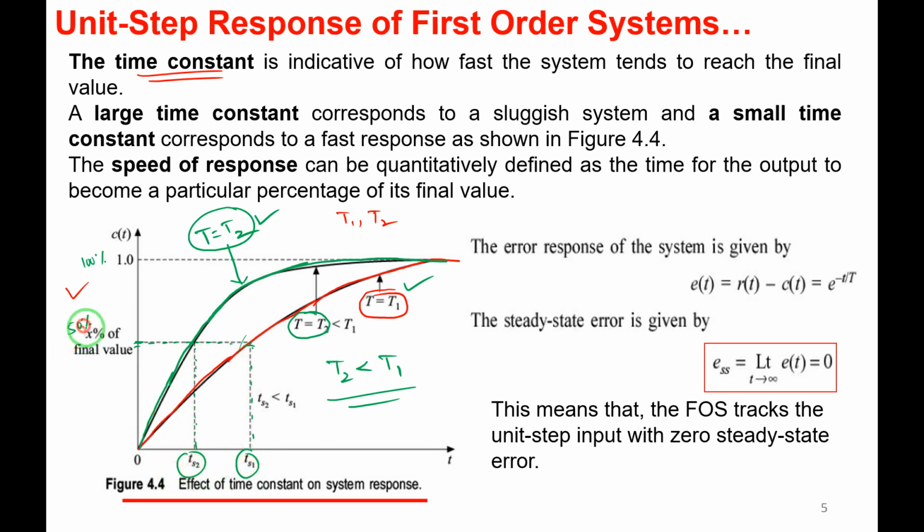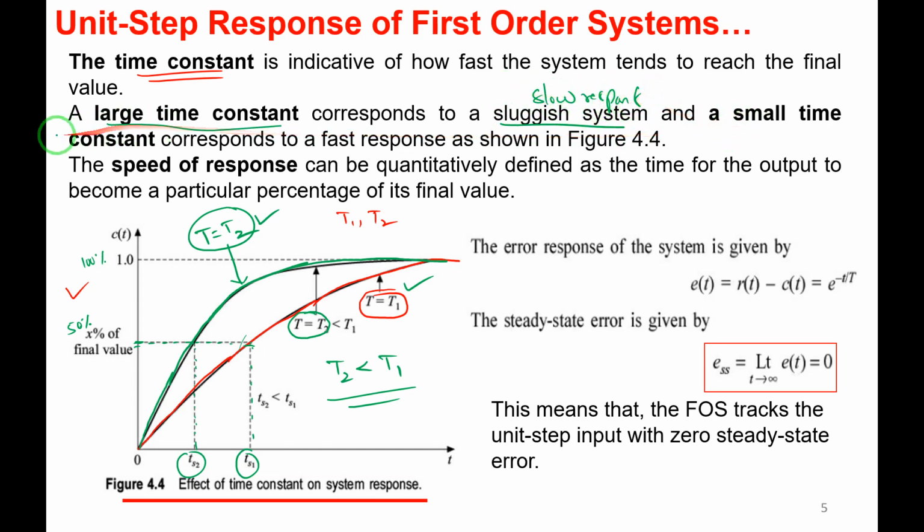In order to achieve 50% or x% of the final value, the system having the smaller time constant will take less amount of time. The system having the larger time constant will take more amount of time. It means the system is very much faster whenever the time constant is less, t2 is less than t1, right? The system with larger time constant corresponds to a slow response, or sluggish system, we also say.